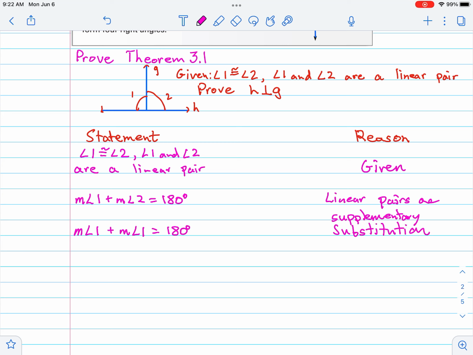Okay. Well, what does that mean? That means that 2 times the measure of angle 1 is equal to 180. So that's just adding like terms, right? I'm just going to say adding like terms.